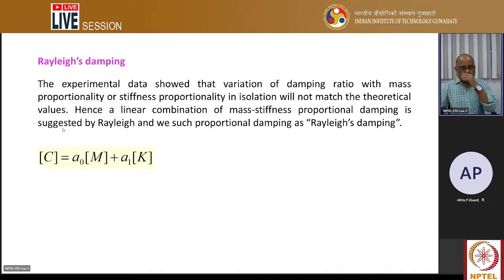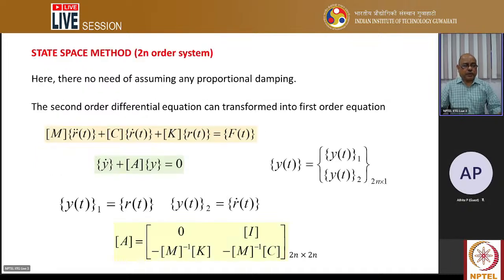So what to do? How to use the general case of damping? Of course, we are confining our discussion within the linear range of damping. Hence, there is a necessity of state-based method, even if you use the analysis for a linear system.